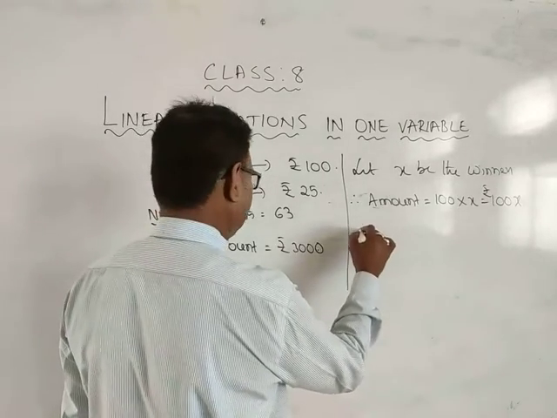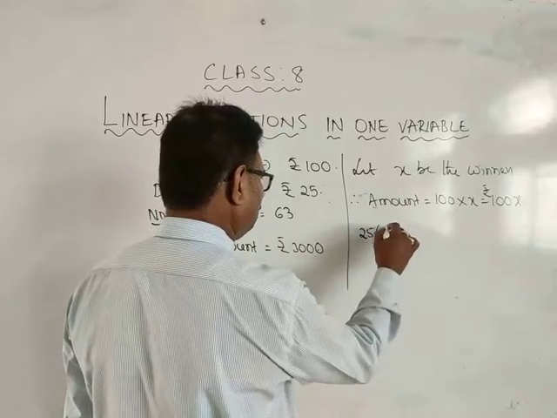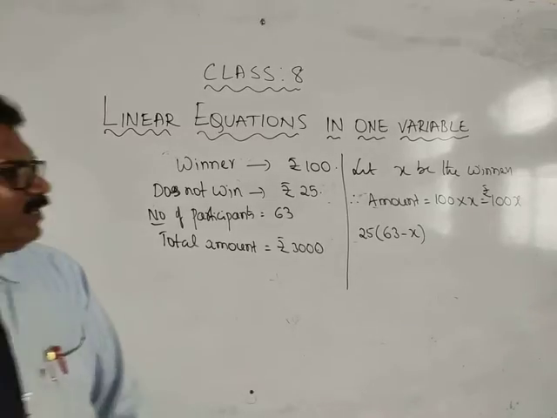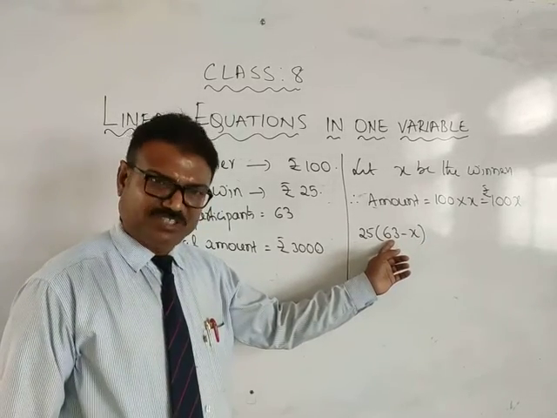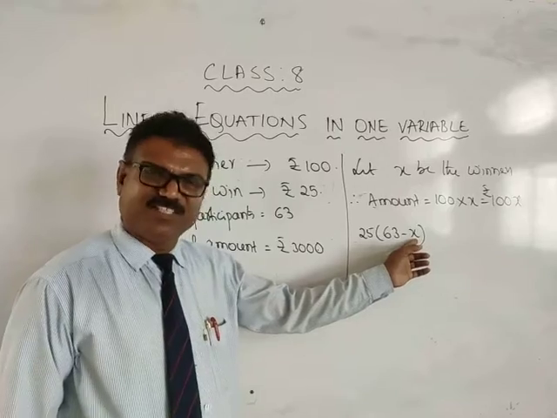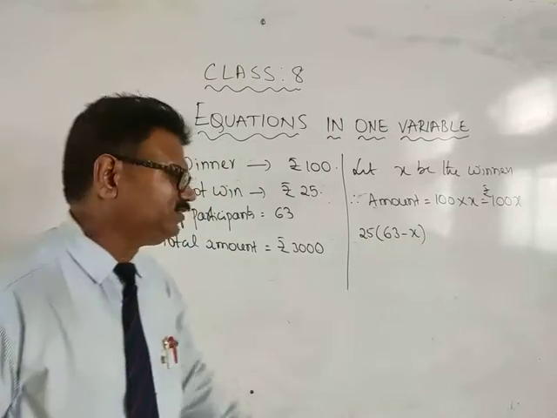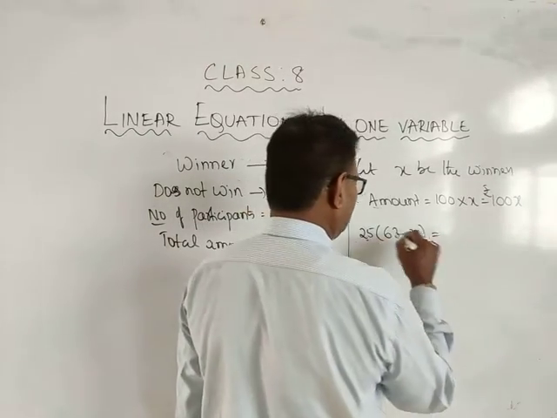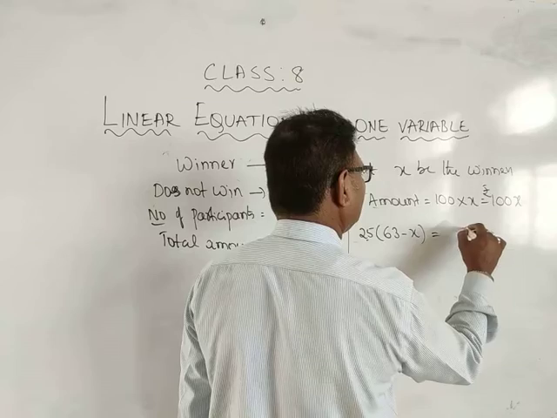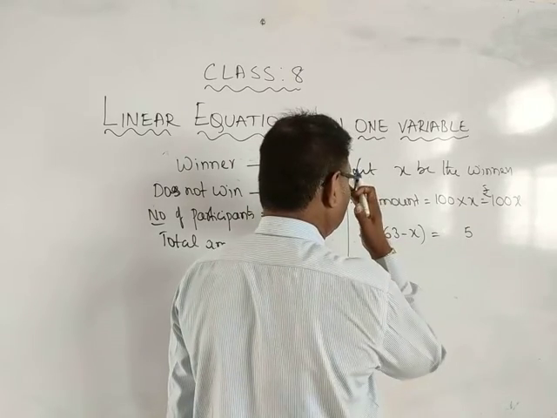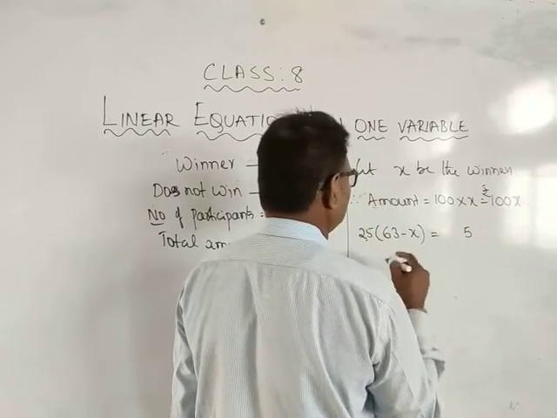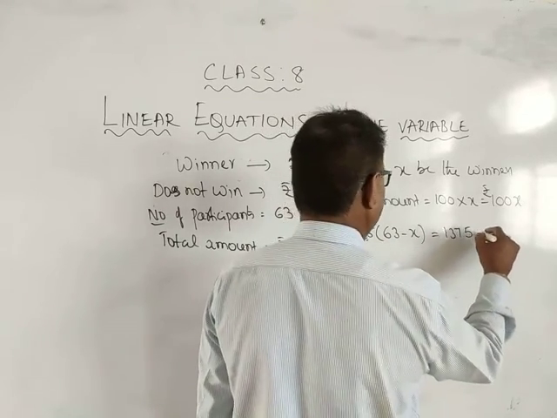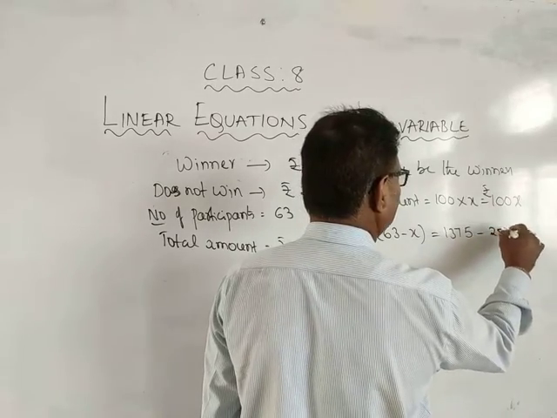Then 25 into 63 minus X. Because total numbers are 63, in that how many winners, X winners. Remaining are participants. Now you can take, that is equal to 25 into 63. 25 3s are 75. 25 6s are 150. 1375. Okay. Minus 25X.